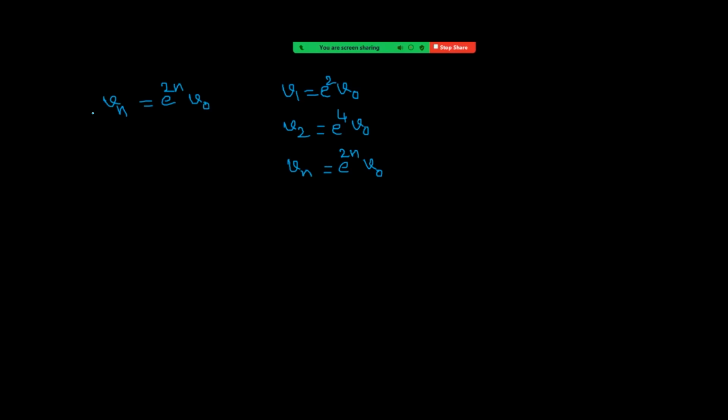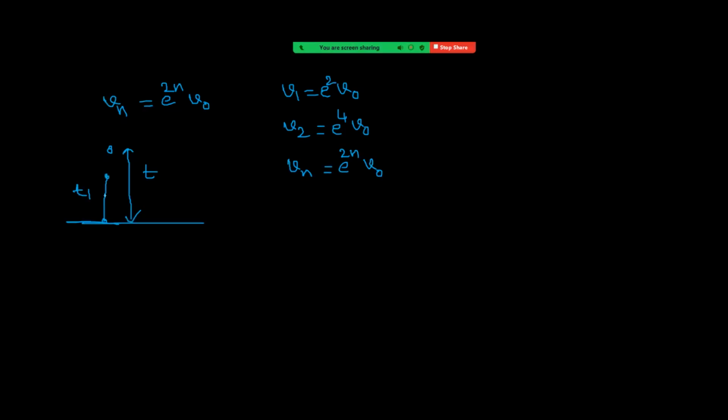Now writing this in terms of time. See what we can do in terms of time. When we are dropping a body from a height h, suppose the time taken is now t. Let us say after first collision, it takes a time t1 to reach maximum height.